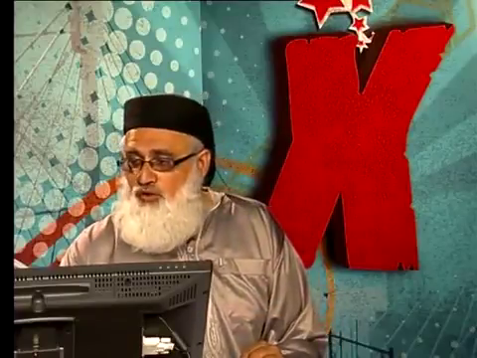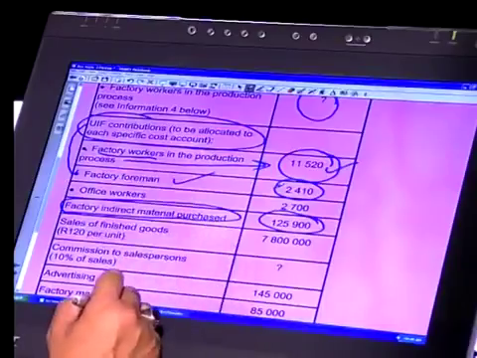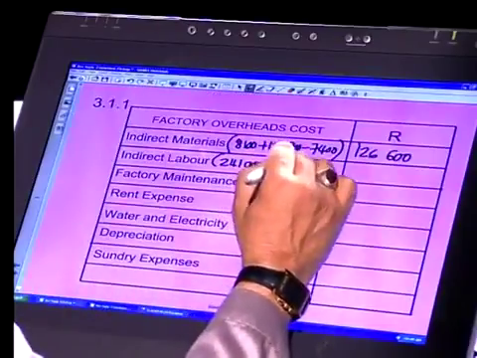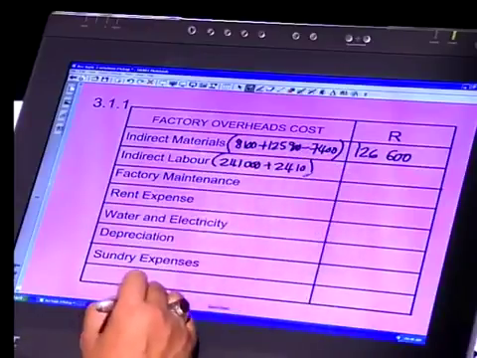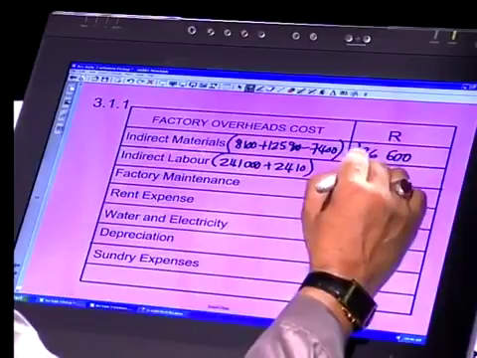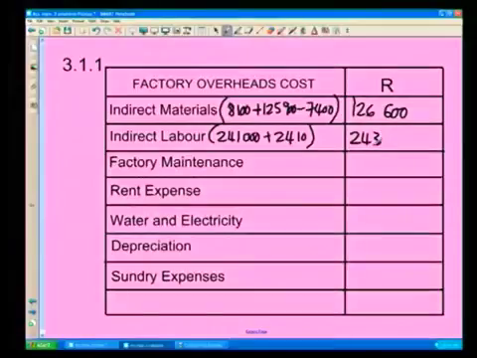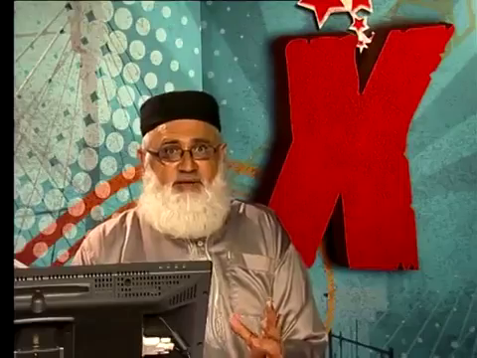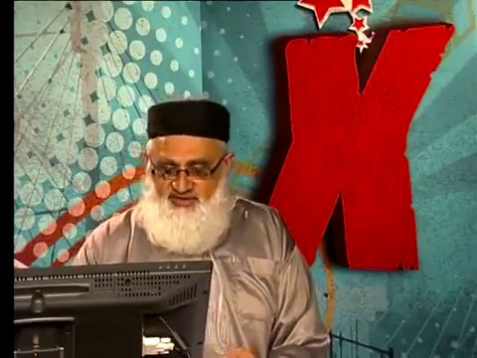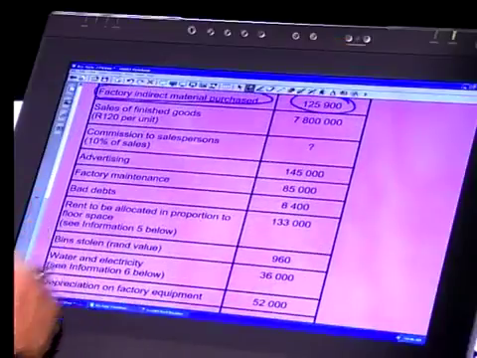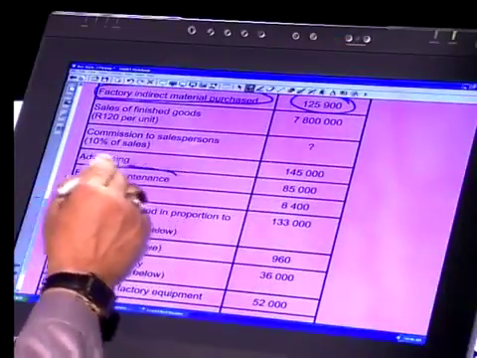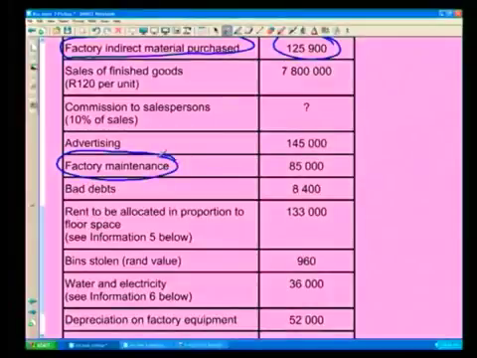But this one here, the factory foreman's UIF contribution, please, that is also a cost to the factory. Therefore, the 2,410, I'm going to take it, put it in here, 2,410, add my two components, and I'm left with an answer of 243,410. Got that? Brilliant.